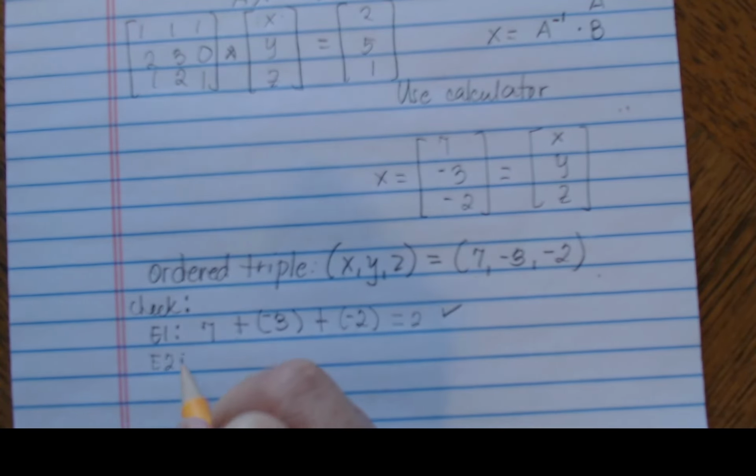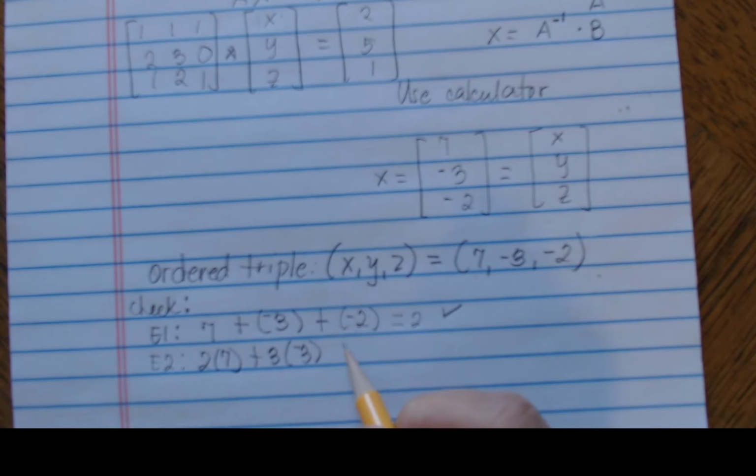Then equation 2, we have 2 times x. So 2 times 7 plus 3 times y, and y is negative 3, plus 0z or 0. We don't have to write that. So equals 5.